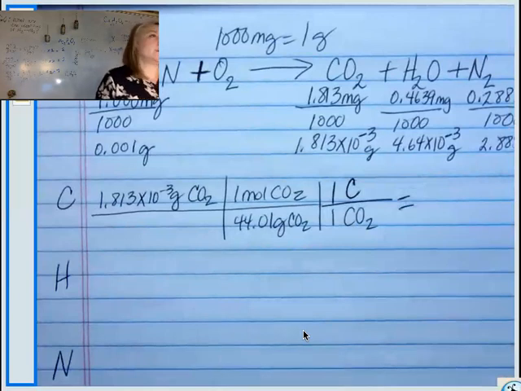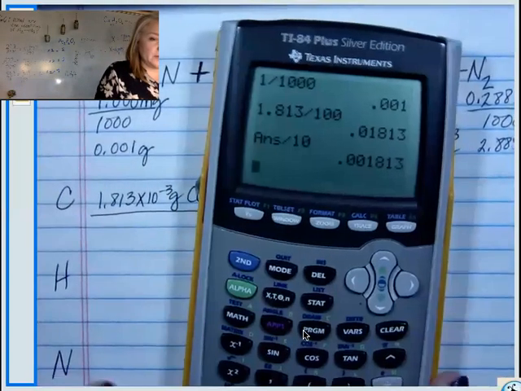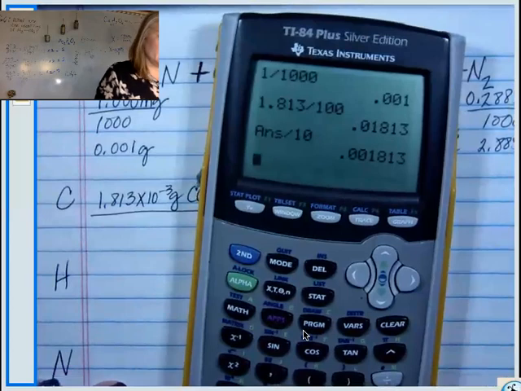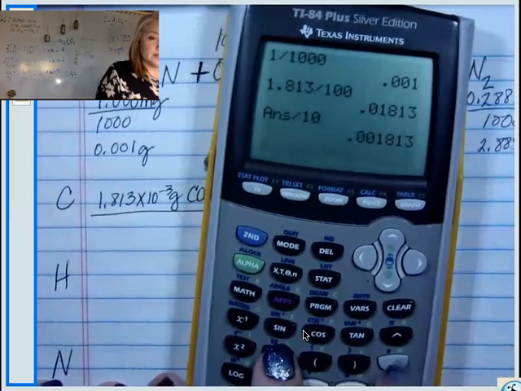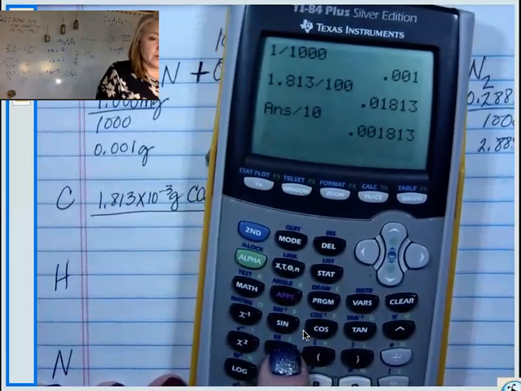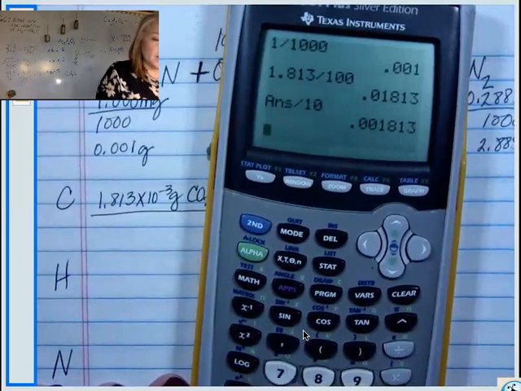Okay, so as soon as you get that written down, go ahead and do your calculation. Do you use big E or small E to put it in your calculator? Good question. The EE is what you're using. You see where my finger is right here? It's on the comma.